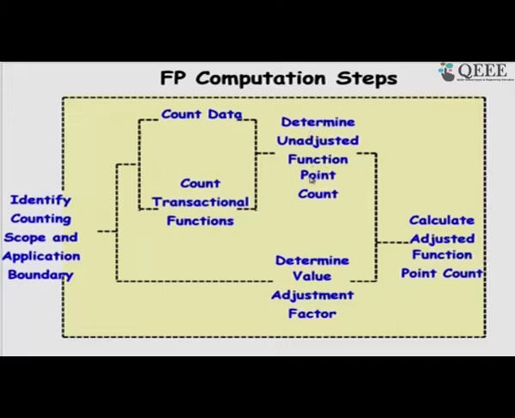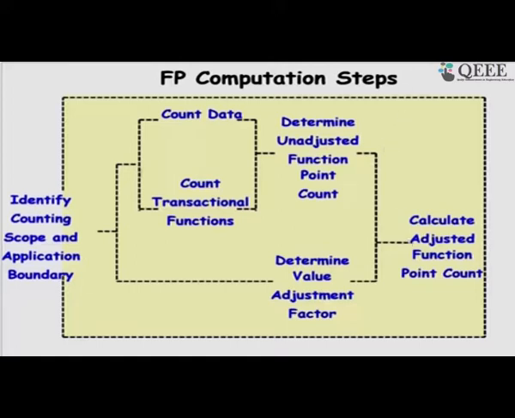Then based on some characteristics that he identified, we need to scale the unadjusted function point up or down depending on how easy is the software, what is the reliability requirement, etc. So, based on that we compute the value adjustment factor or VAF and multiply the UFP with the VAF to obtain the final function point or the adjusted function point.